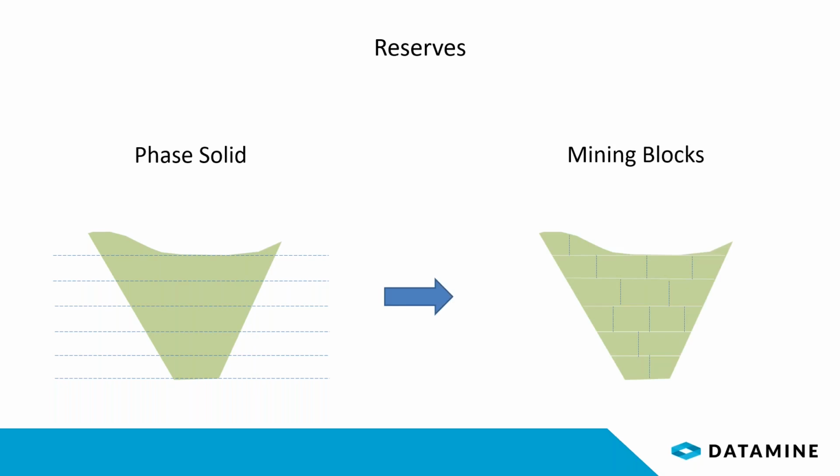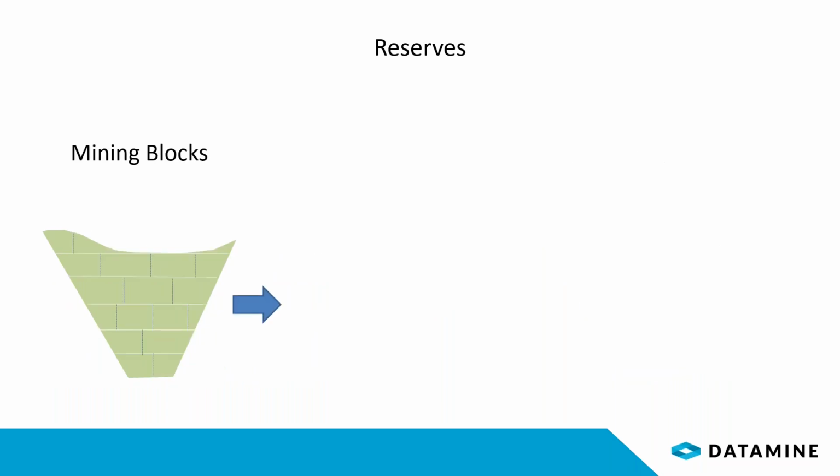In the literature, we can also find these mining blocks being called SMU, for selective mining units. But the important thing is that the size and shape of these mining blocks need to make sense. They need to reflect the mining equipment and the mining procedures that we're actually going to implement, all right?